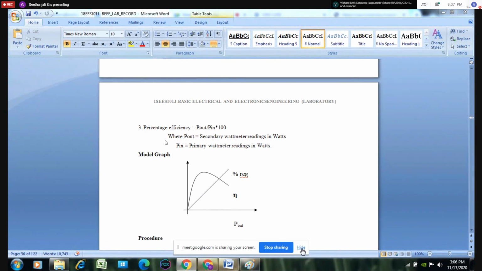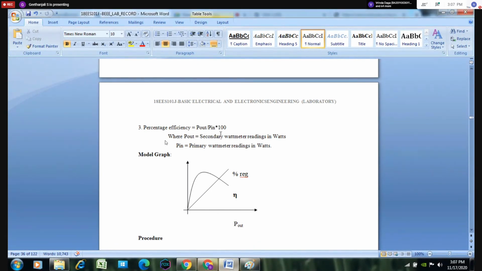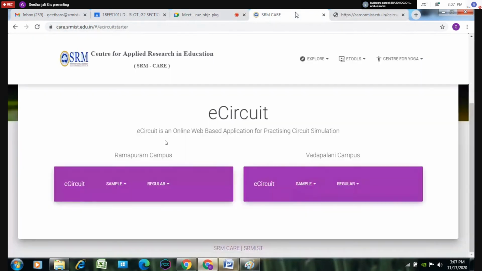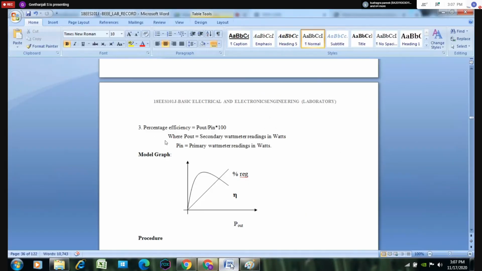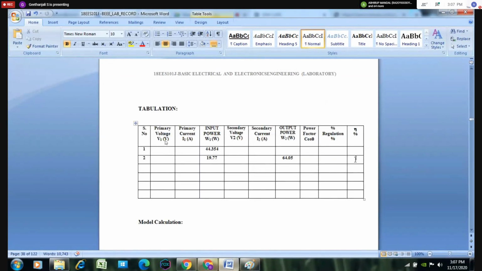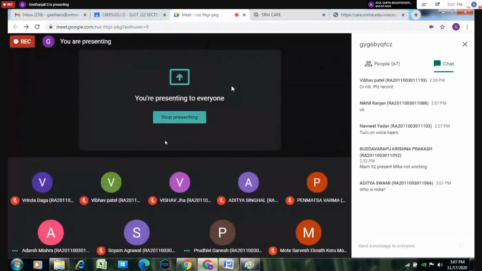The formula is output divided by input into 100. What is the efficiency value? Yes, Siddharth.